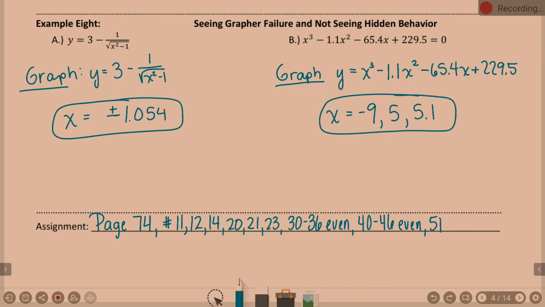Okay, now, folks, I asked you at the beginning of this problem, how many answers are there? You understandably said you thought there would be 2. Here's how I knew you were probably wrong. What's the highest power in this problem? 3. What does that mean there are? 3, well, 3 roots of some sort.